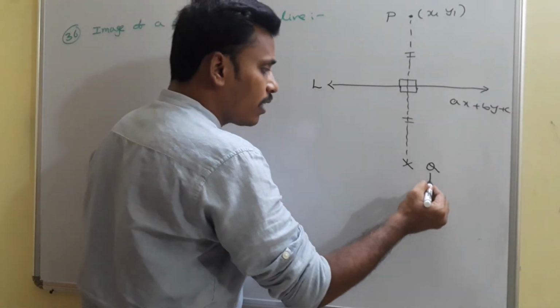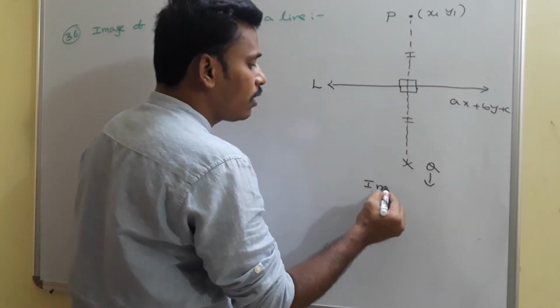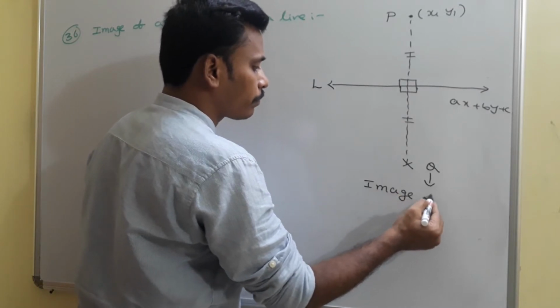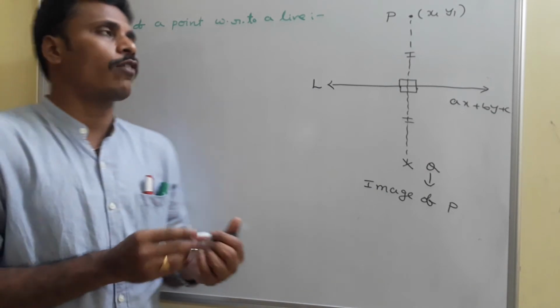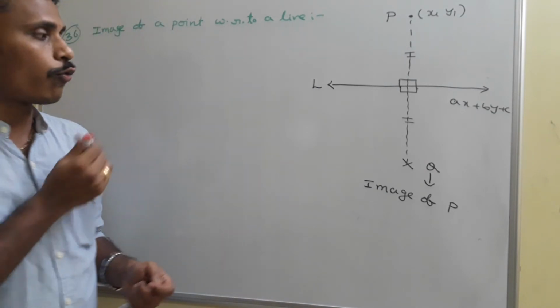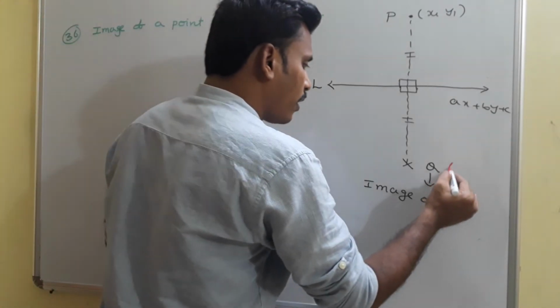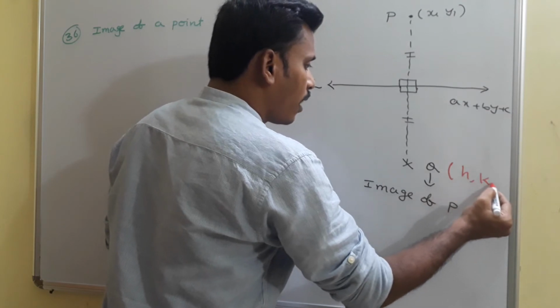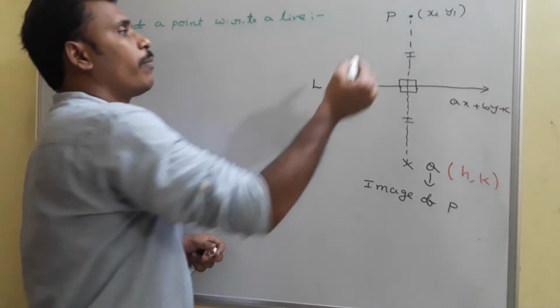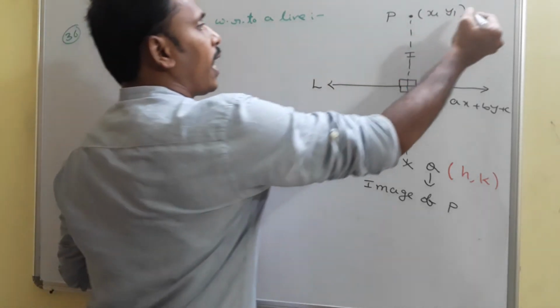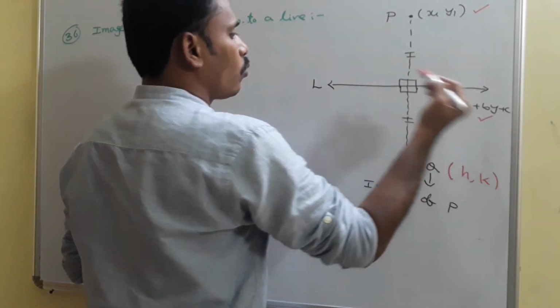Here this Q is the image of P. We don't know the coordinates of that Q, and that's what we are going to find. So for that, just let the coordinates of Q be h comma k. Once again, look here: I have a point P(x1, y1) and a line ax plus by plus c is equal to 0.